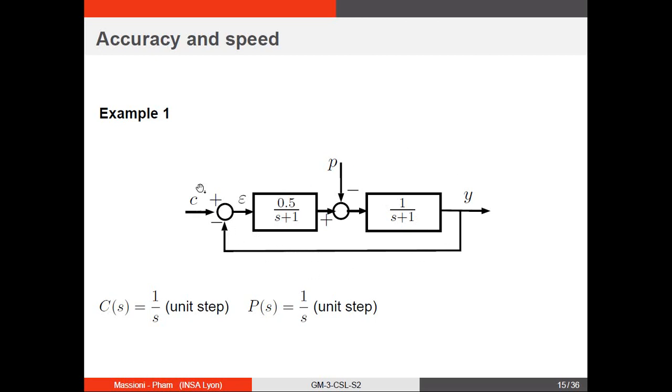Before we continue, we can notice that this is a closed feedback loop with L of degree 2. So basically L goes from 0 to minus 180 degrees of phase, so it will never hit minus 180 degrees. So this system in closed loop is stable from C to y.